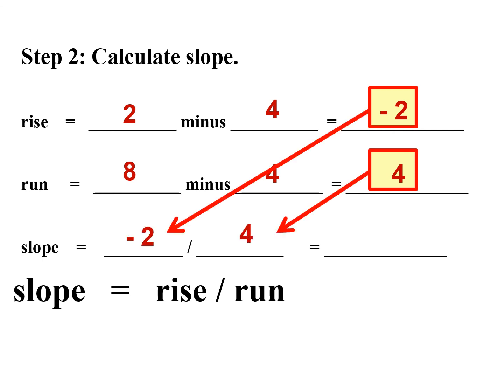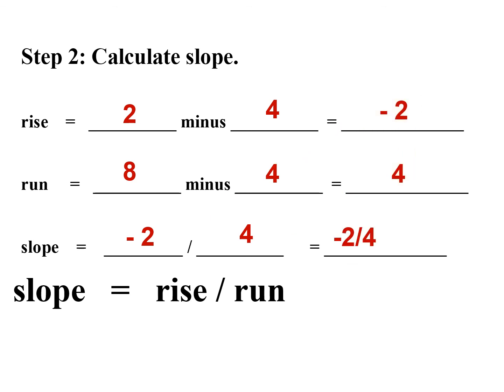We fill them into these missing values here, and we find that the slope is equal to minus 2 divided by 4. When we simplify the fraction, we get negative 1/2. So our slope is negative 1/2.